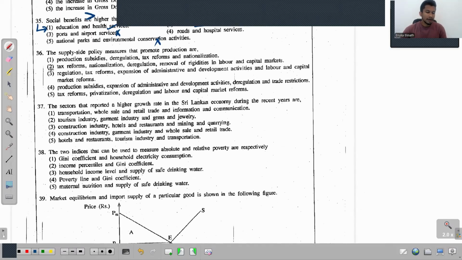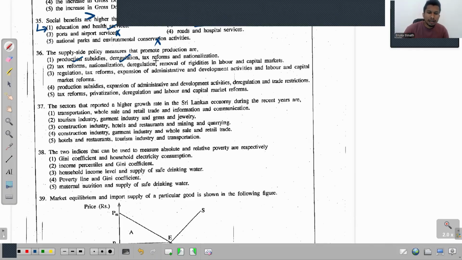Right. Look at this question number 36. The supply side policies that promote production are, right? It has to be on the supply side, and it should promote production. The first one, production subsidies. Yes, it is a supply side policy.